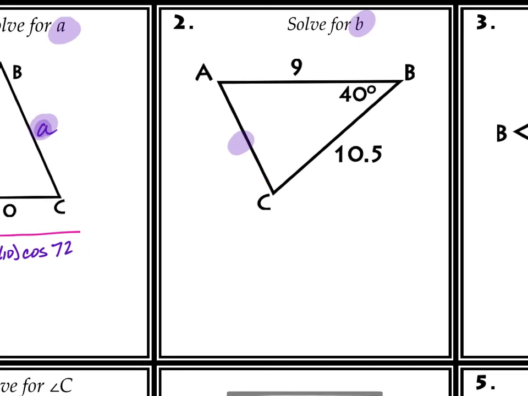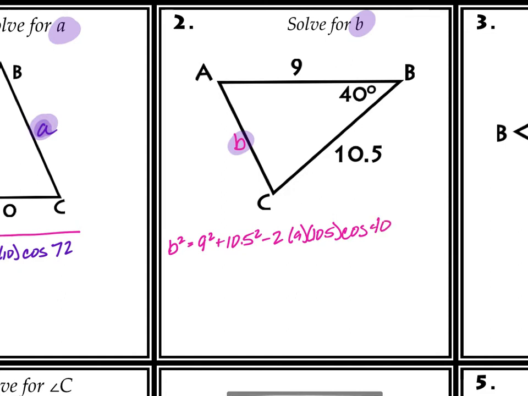Number 2, I'm looking for B. So I'm going to do the same thing. B squared is going to equal the 2 other sides squared, so 9 squared plus 10.5 squared minus 2 times 9 times 10.5 times the cosine of 40.